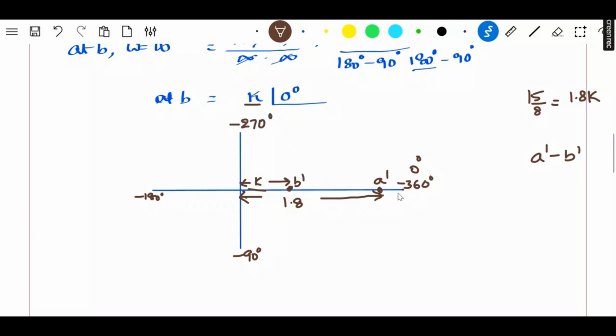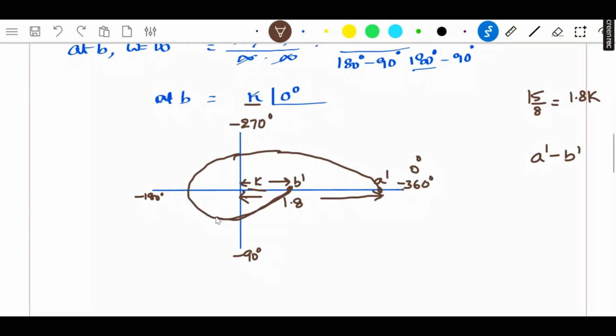I cannot go towards minus 90 first. I should go from minus 360, minus 270, minus 180, then minus 90 and then 0. So the contour should come like this. This is the Nyquist plot.